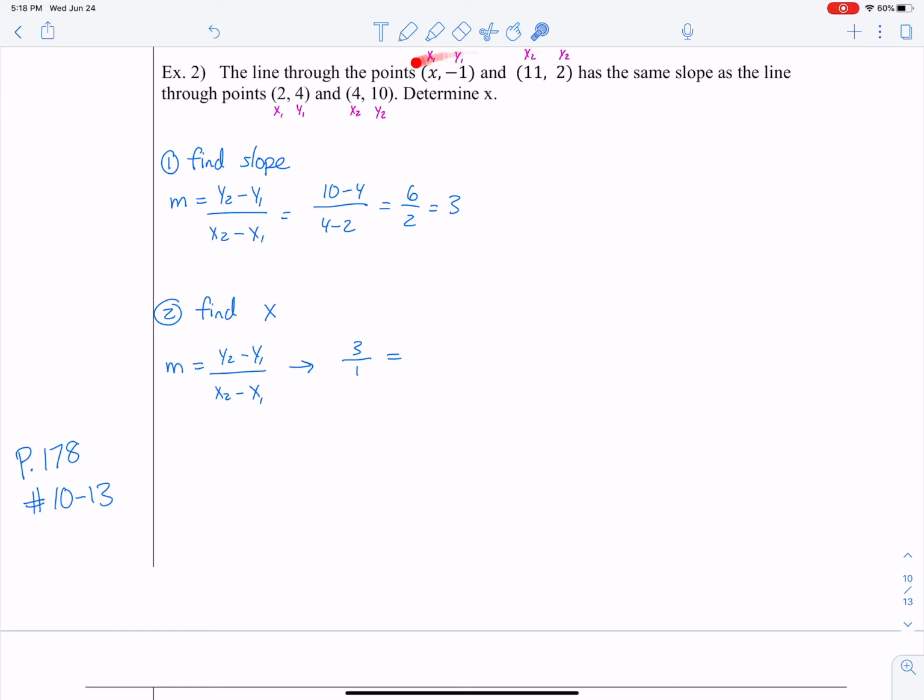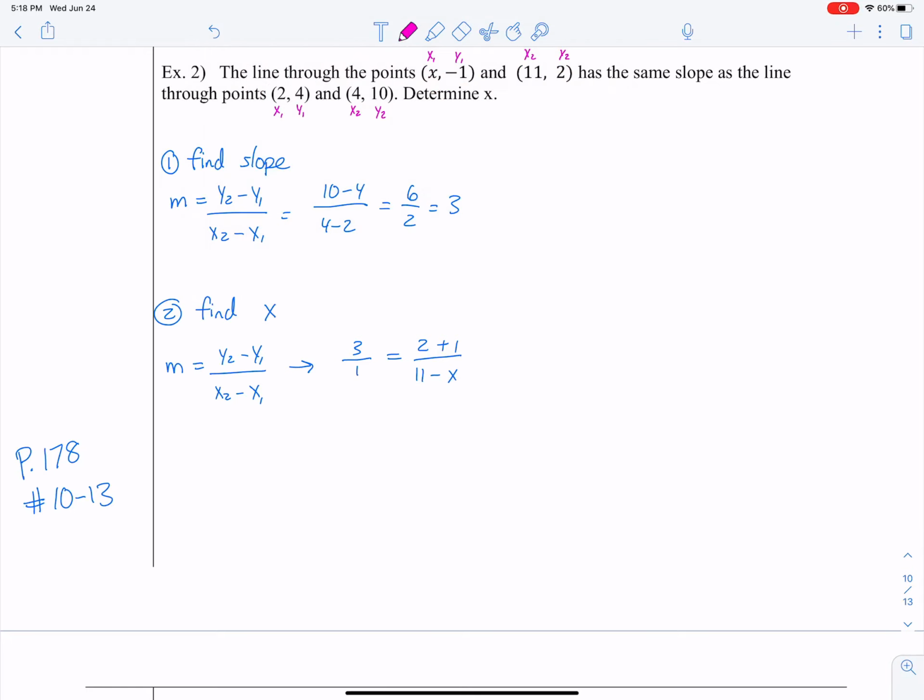So remember, I'm using this set of points. My y2 is 2. My y1 is negative 1, so I have negative, negative, so it's like saying 2 plus 1. And then my x2 is 11 and my x1 is x, so 11 minus x.